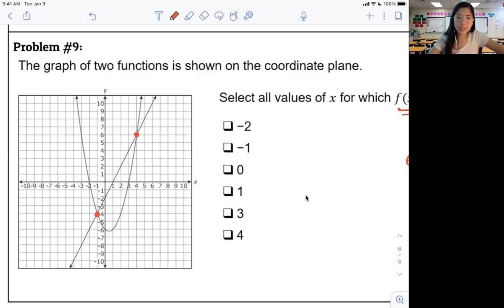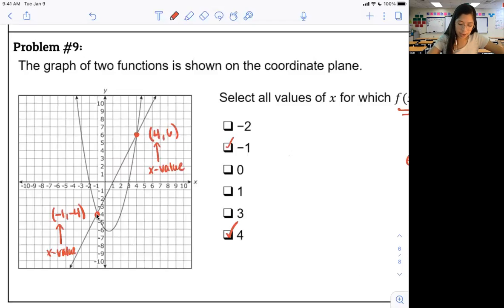We look at the x value only. So this is 4, 6, but we only care about the x value, so I'm going to check off 4. This is -1, -4, but again, we only care about the x value, so I check off -1.